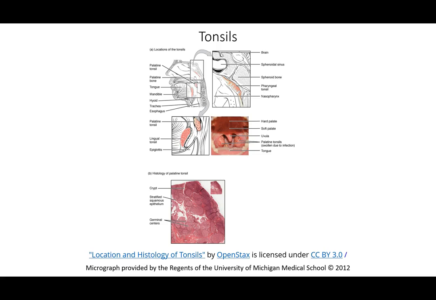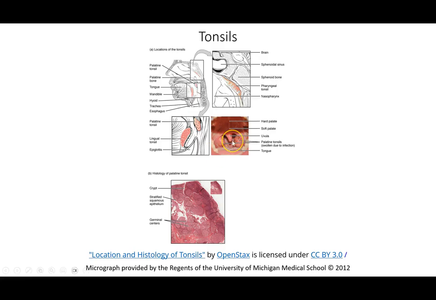So tonsils don't actually have a full capsule containing them, and so the epithelial tissue found up here in the nose and mouth are going to kind of blend with part of that capsule and the tonsil tissue itself.